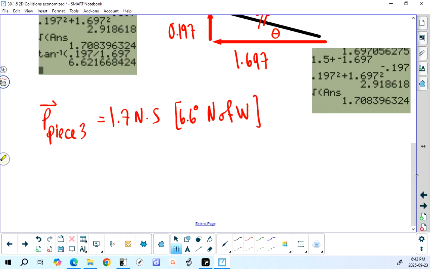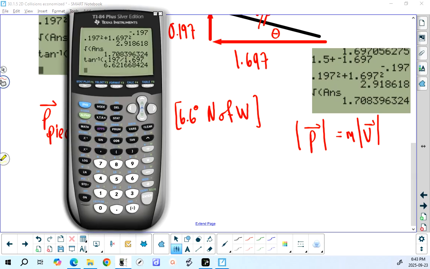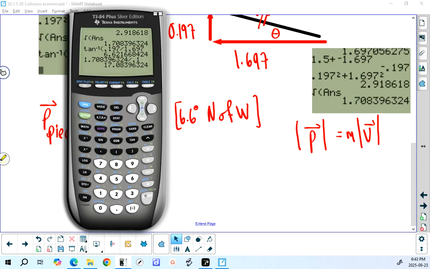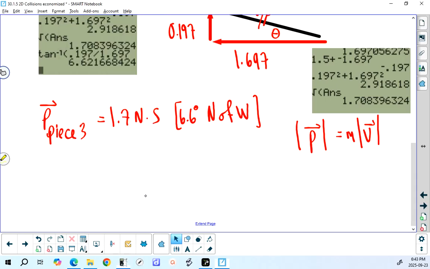We were asked for the speed or velocity, so we have to use magnitude of momentum equals mass times magnitude of velocity. In other words, divide that 1.7 by the mass and we will get the speed. Here's our momentum divided by the mass of 0.1. So we get 17 meters per second for a velocity with that angle.